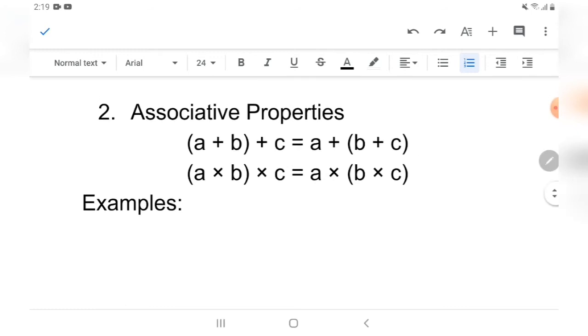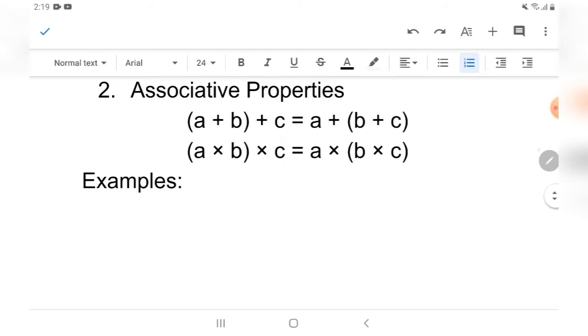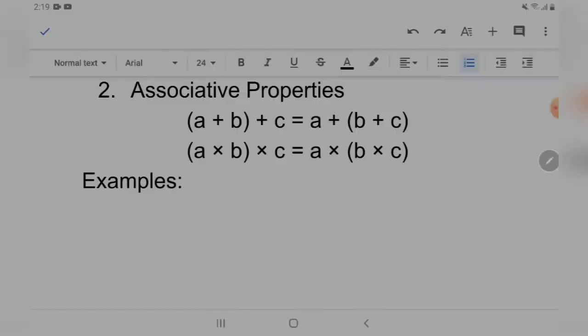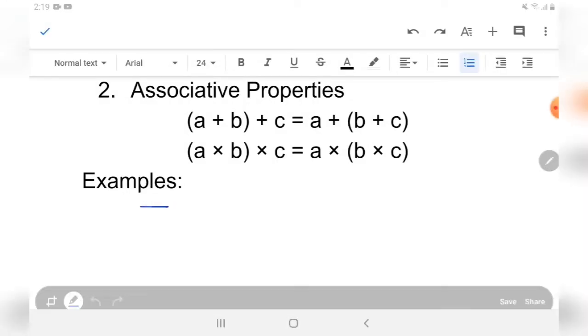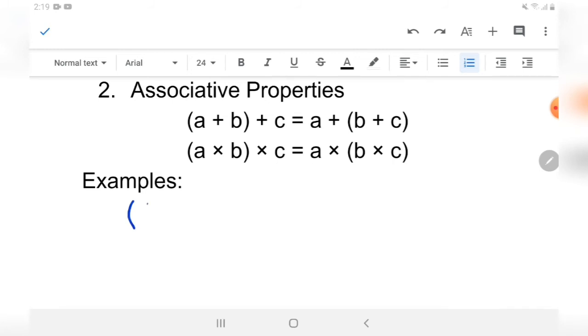Okay. So, bracket 2 plus 5 plus 7 is the same as 2 plus 5 plus 7.